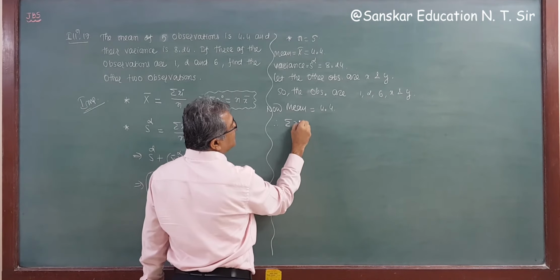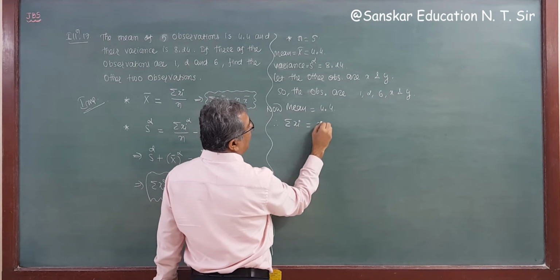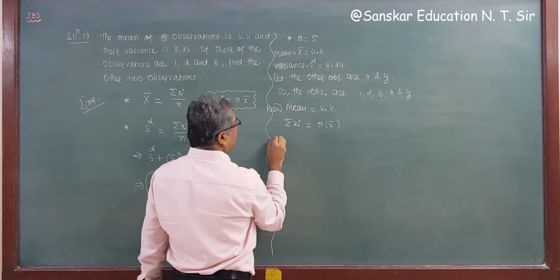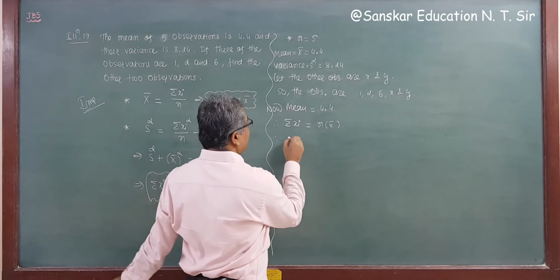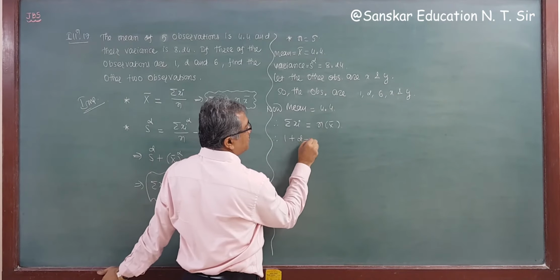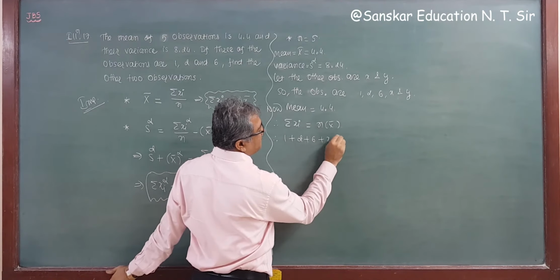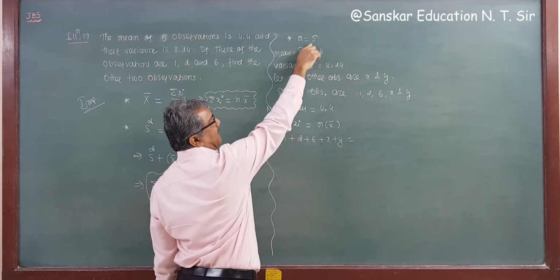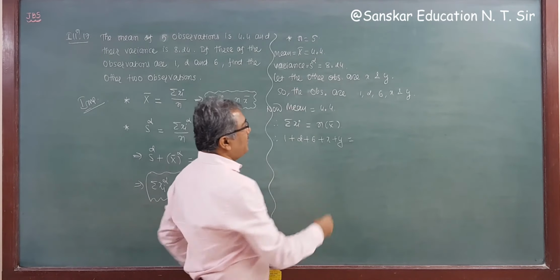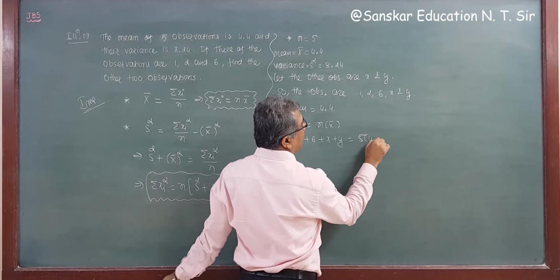Therefore sigma xi is equal to n into x bar. Now sigma xi is the sum of all observations, that is 1 plus 2 plus 6 plus x plus y, is equal to n into x bar. N is 5 and x bar is 4.4. So 5 into 4.4.